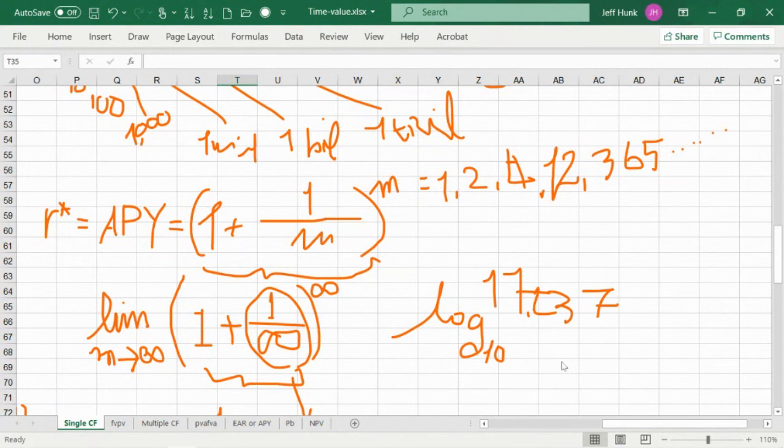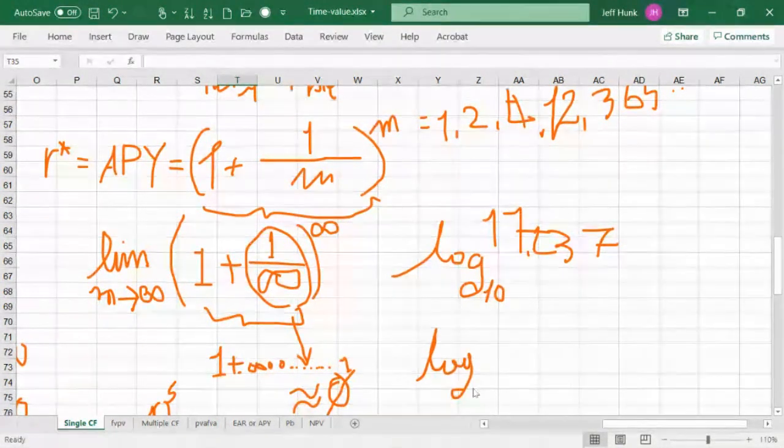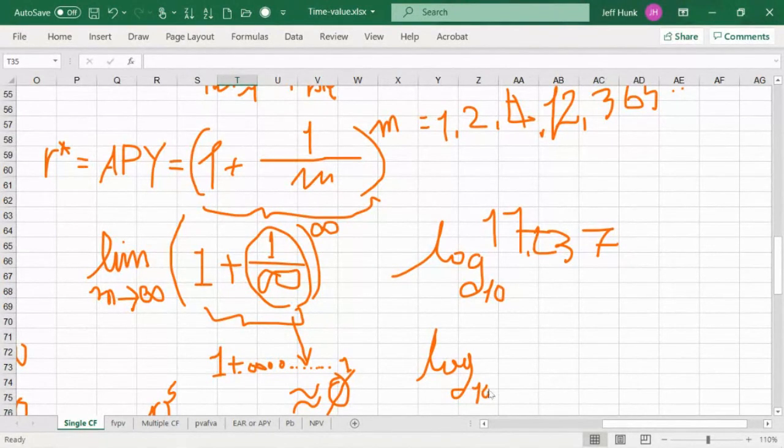We can't easily visualize. With the computer, with the calculator, we can calculate it, but it's impossible for the human brain to quickly visualize what this might be, as opposed to something like base 10 log of 1 billion, right?